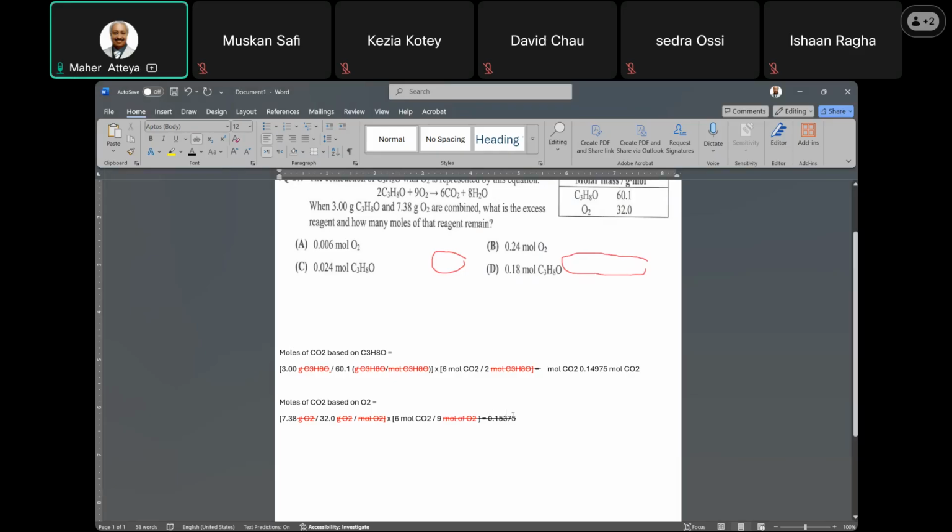So this is the moles of CO2. Now looking at this, this is the least number of moles, 0.149 versus 0.153.